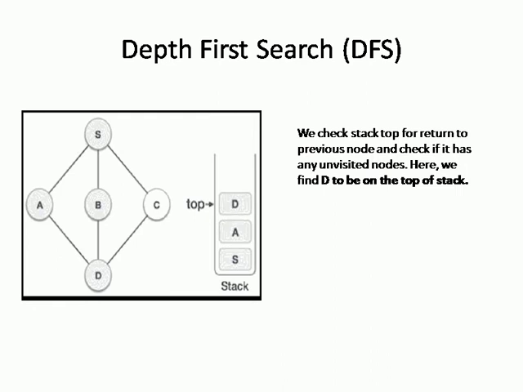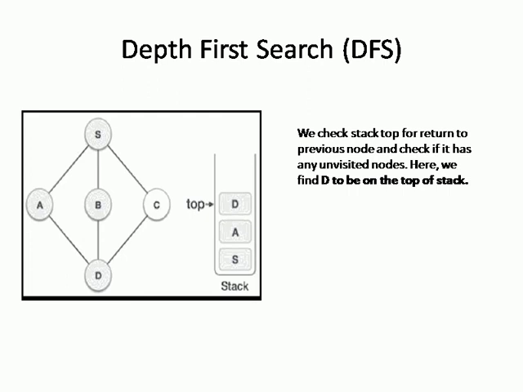We check the stack top to return to a previous node and check if it has any unvisited nodes, that is D. So we consider the node D. If it has any unvisited vertices, then we have to visit those nodes also.